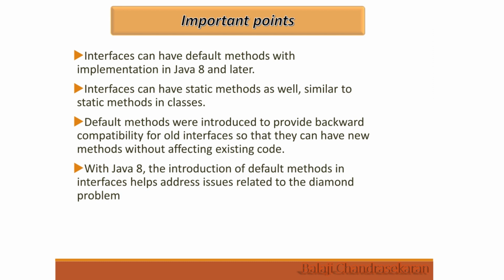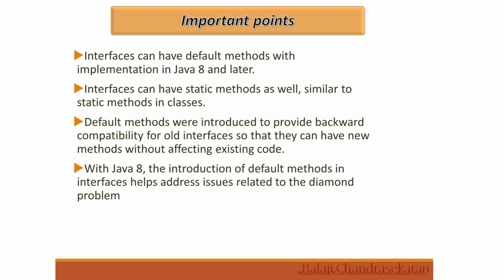Default methods in interfaces were indeed introduced to address the issue of backward compatibility. They provide a way to add new methods to interfaces without forcing the implementing classes to provide an implementation. Existing classes that implement the interface automatically inherit the default method.